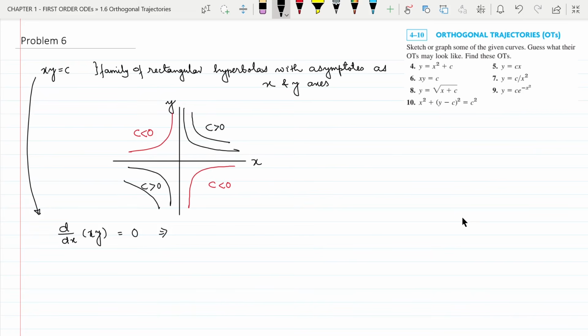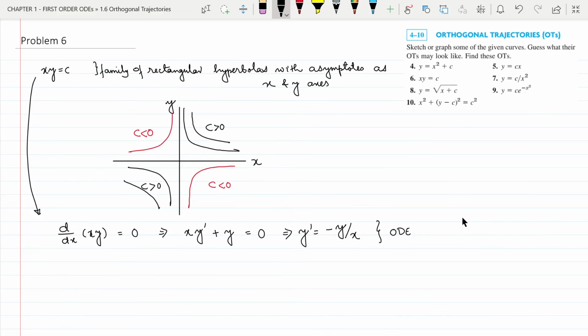So now we will use the product rule of differentiation, which gives x dy by dx or y dash plus y dx by dx, which is 1, equal to 0, and this implies y dash equal to minus y by x. So y dash is minus y by x, and this is the ODE corresponding to the equation of the family of rectangular hyperbolas.